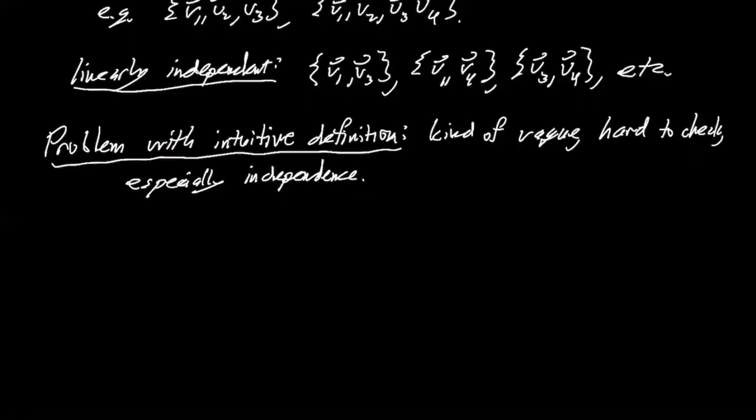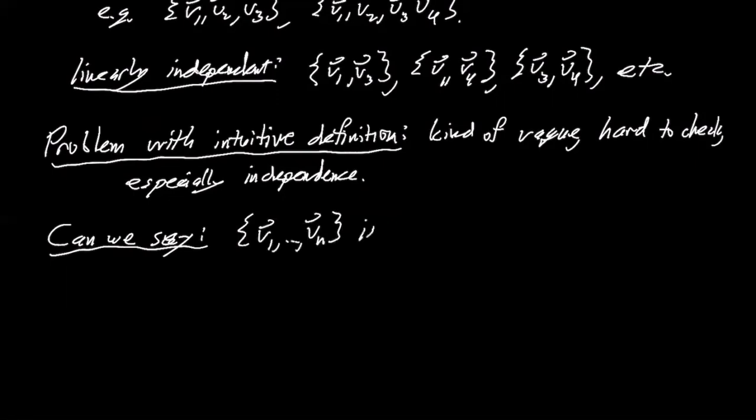So could we say that v1 through vn, this set of vectors, is linearly dependent if and only if vn, the last vector, is a linear combination of the first n minus 1.